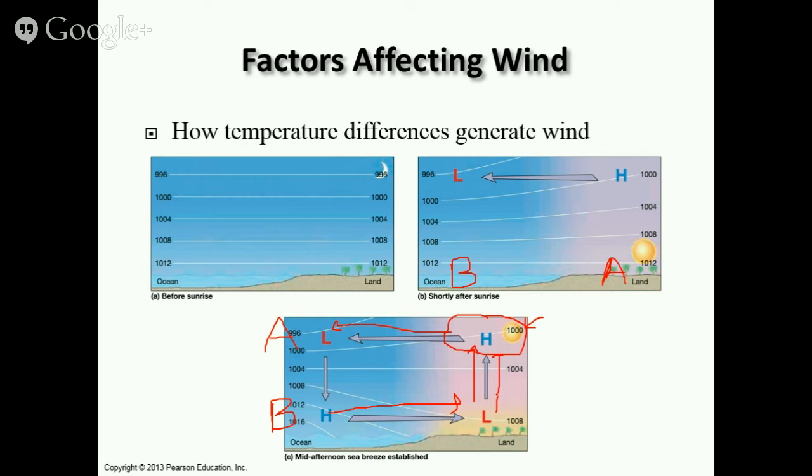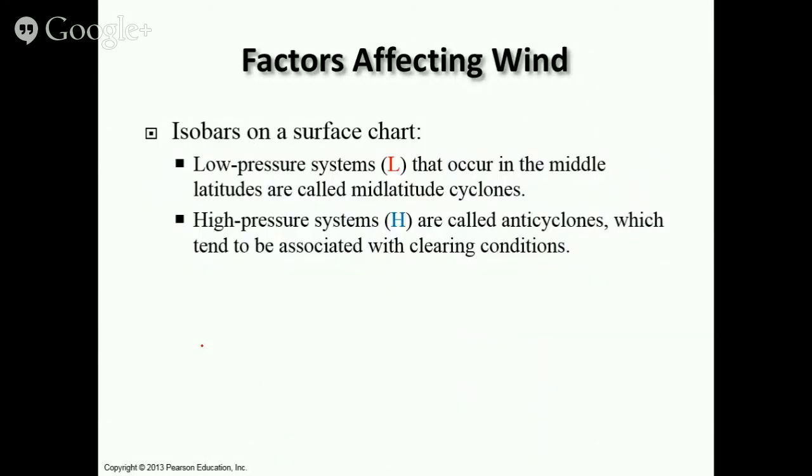We're going to reverse that flow at night, because over water we will now have low pressure. So at night, we will have a low pressure environment over water, and therefore we're going to reverse our flow of air from over land to the water, making a land breeze at night.